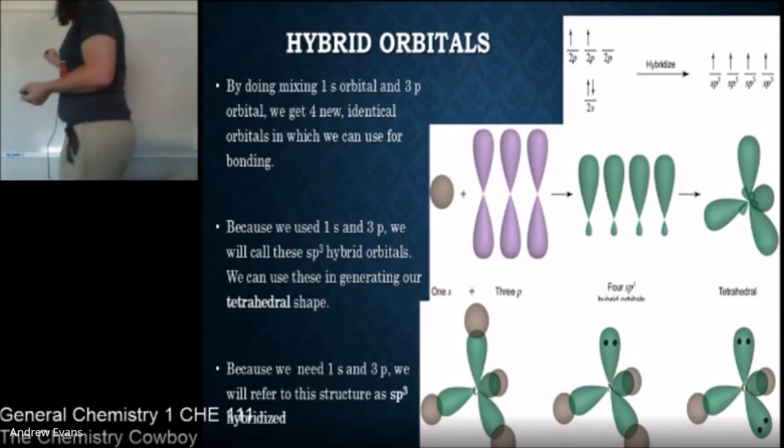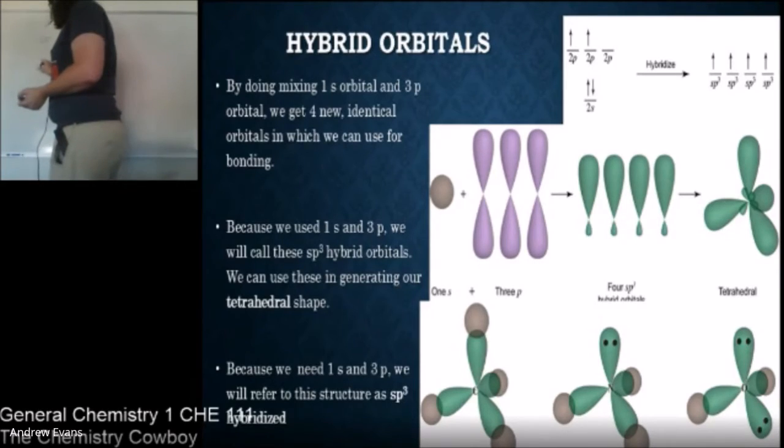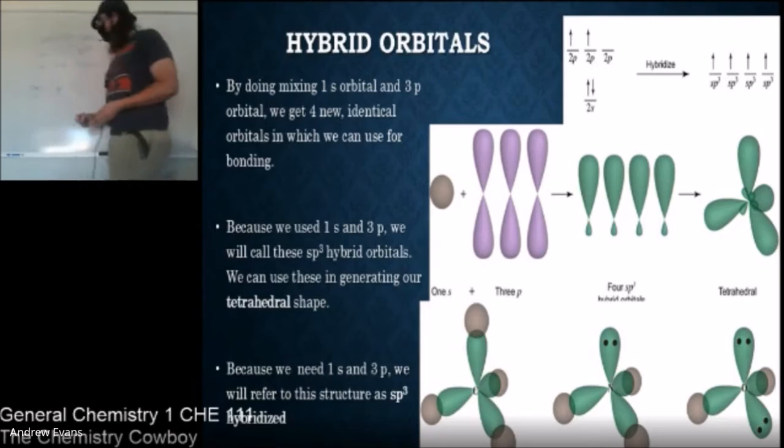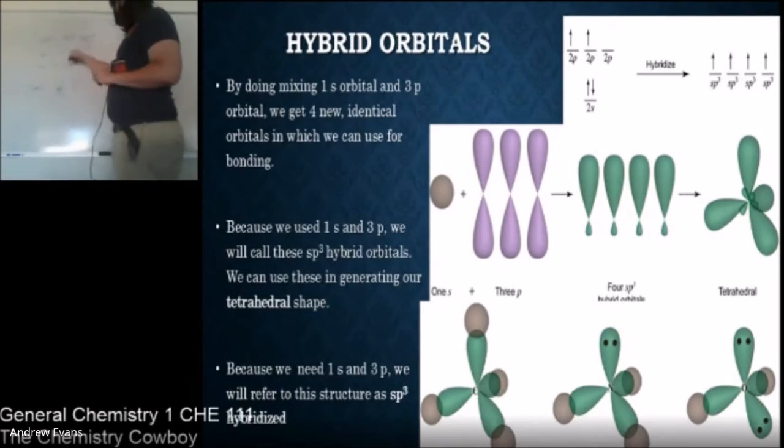If I need to make 2 electron domains, so a linear molecule, I need 1s and 1p. So that's going to make 2 sp. So our basic structures are going to be related to the electron domains.